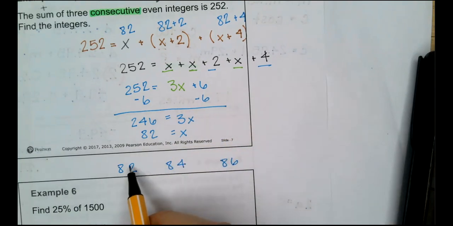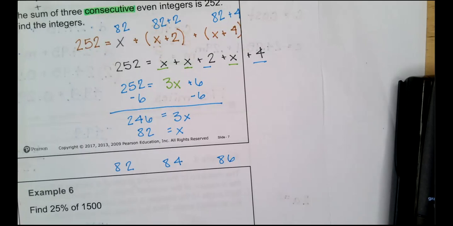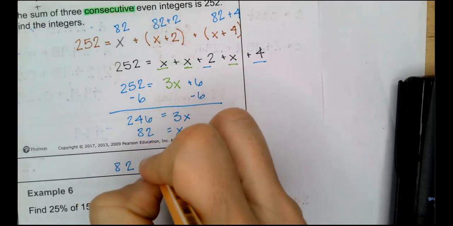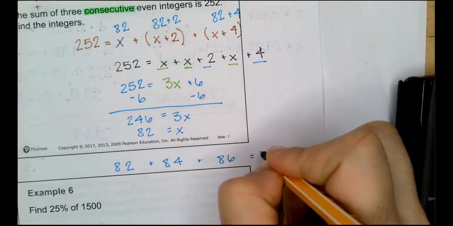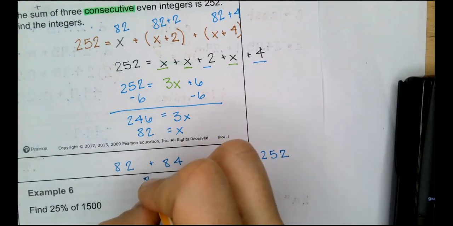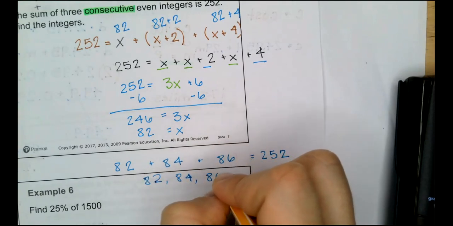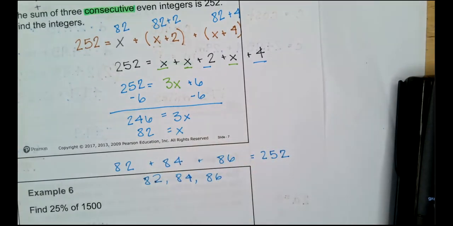Those are consecutive, 2, 4, 6, and they'll give me 252. I think my math lab will just ask you to draw it like this: 82, 84, 86, not as a math problem, because it's what are the numbers.